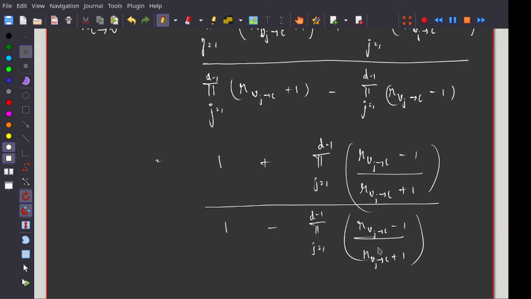We originally had the mu messages, and then the R messages were basically the ratio of mu of 0 divided by mu of 1, or mu of plus 1 by mu of minus 1.